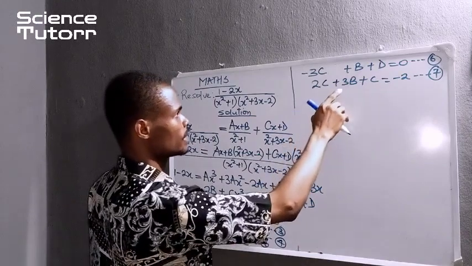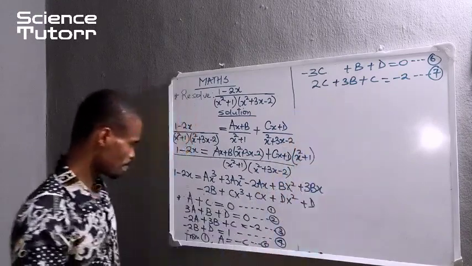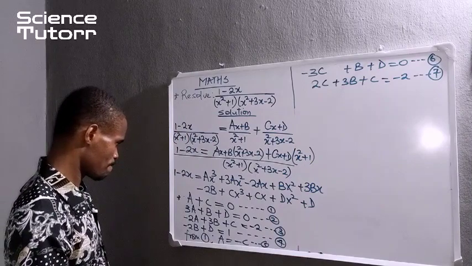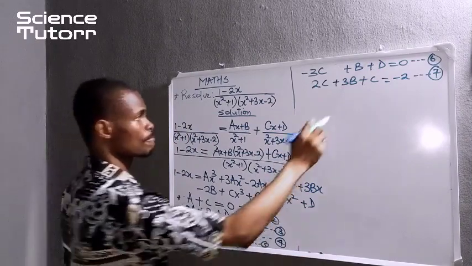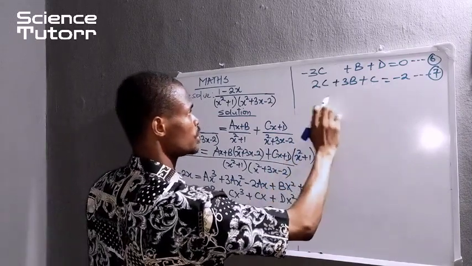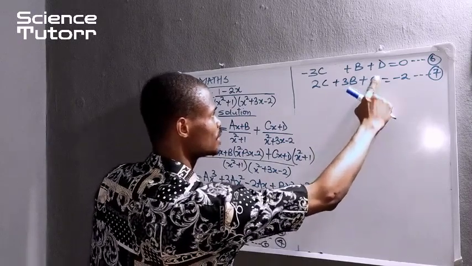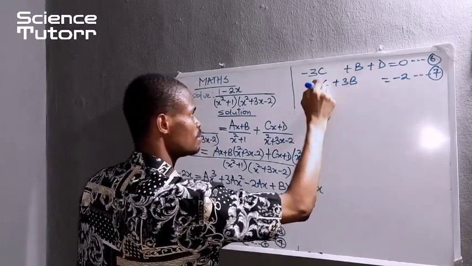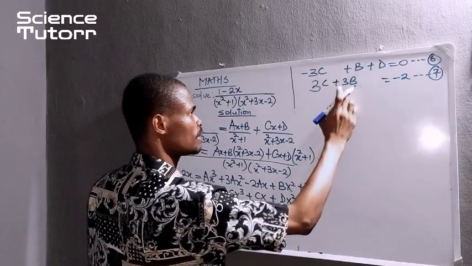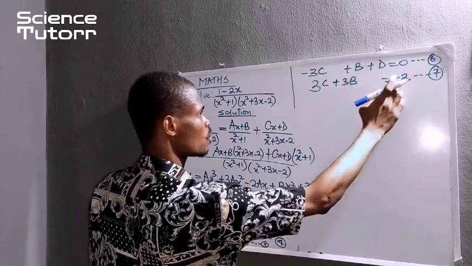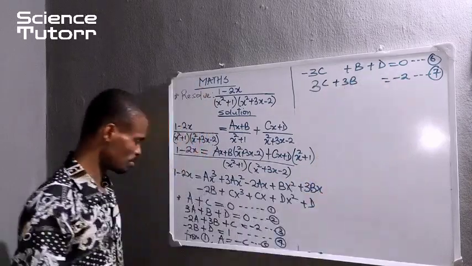While on this side, I'm going to be having 2c plus c, which makes 3c. So 3c plus 3b equals minus 2. Simplify.